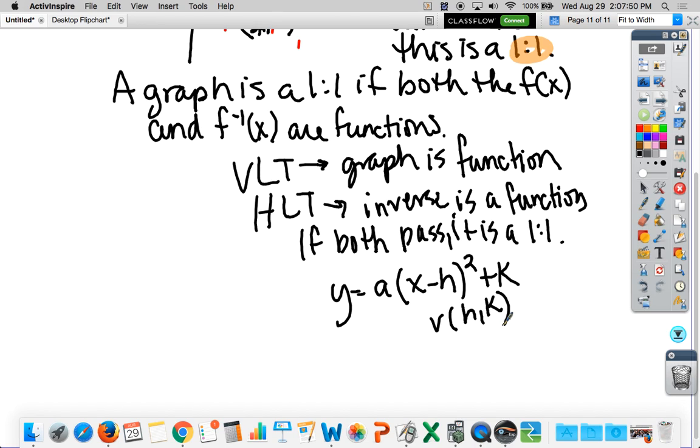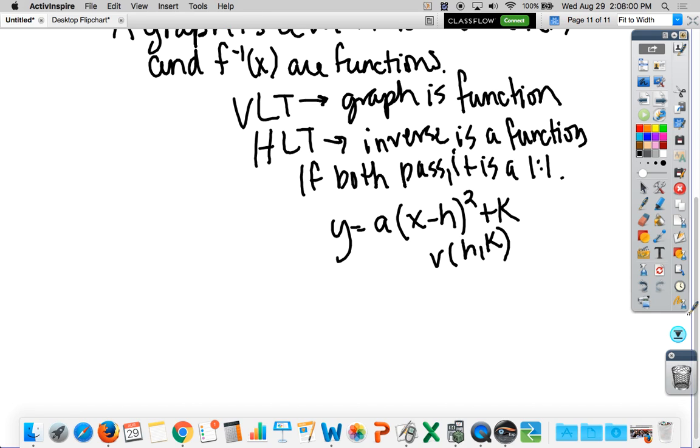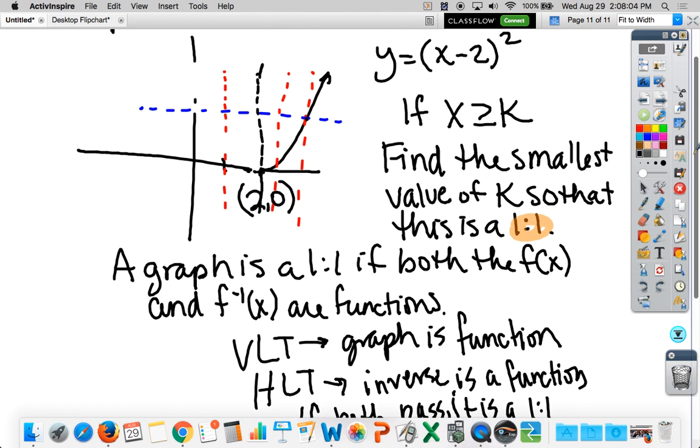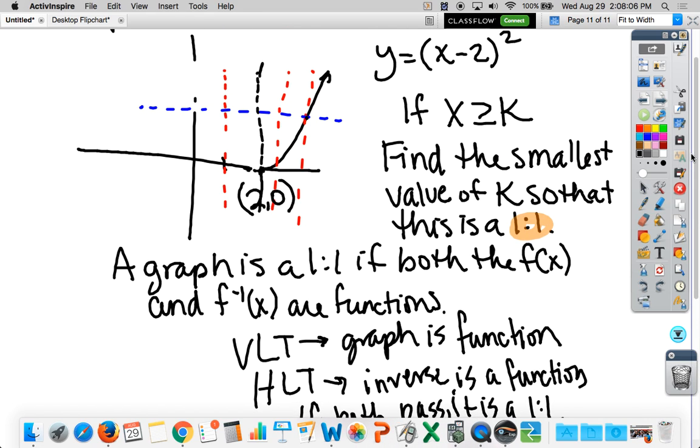Now I'm going to give you the long of it, then I'm going to give you the short of it. Look at my graph up here. What's my vertex up here? (2, 0). This is my x, or this is my h, that's my k.